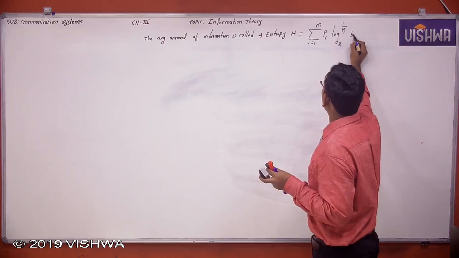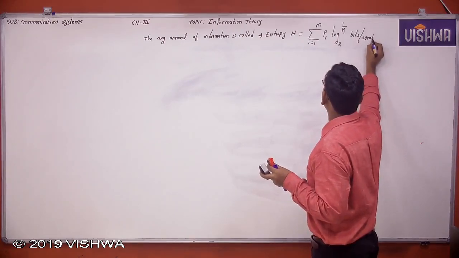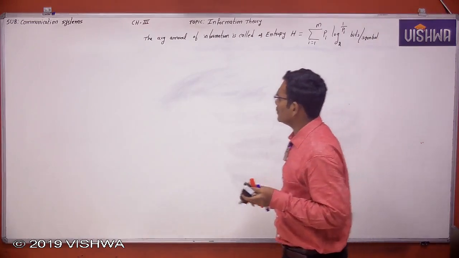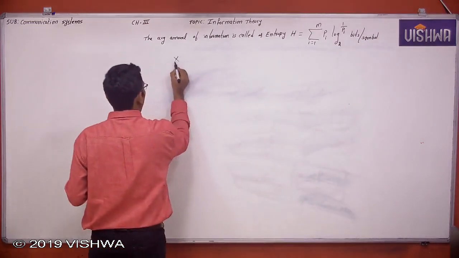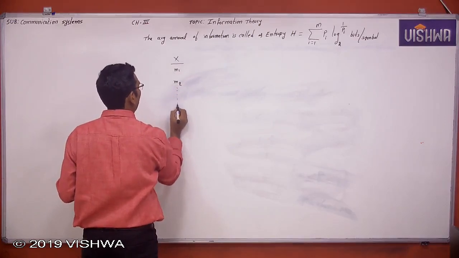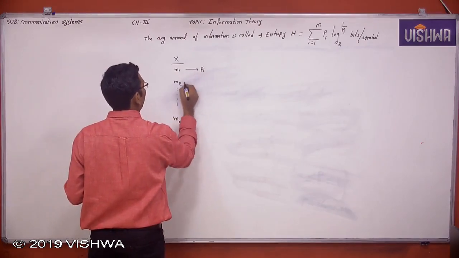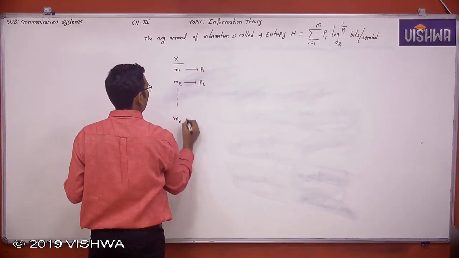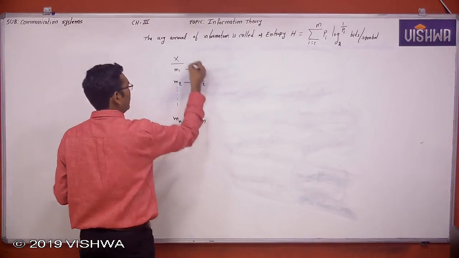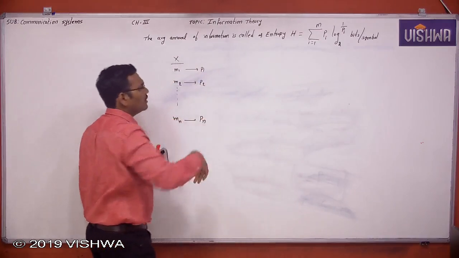This is bits per symbol. It means a source X generating symbols m1, m2 and so on up to mn with probabilities p1, p2 and so on up to pn, then the average amount of this information is called entropy, in bits per symbol.